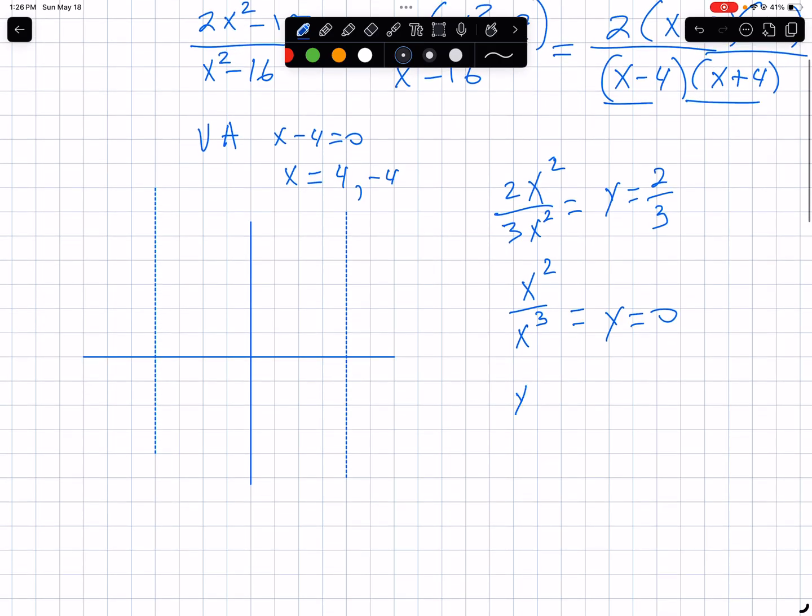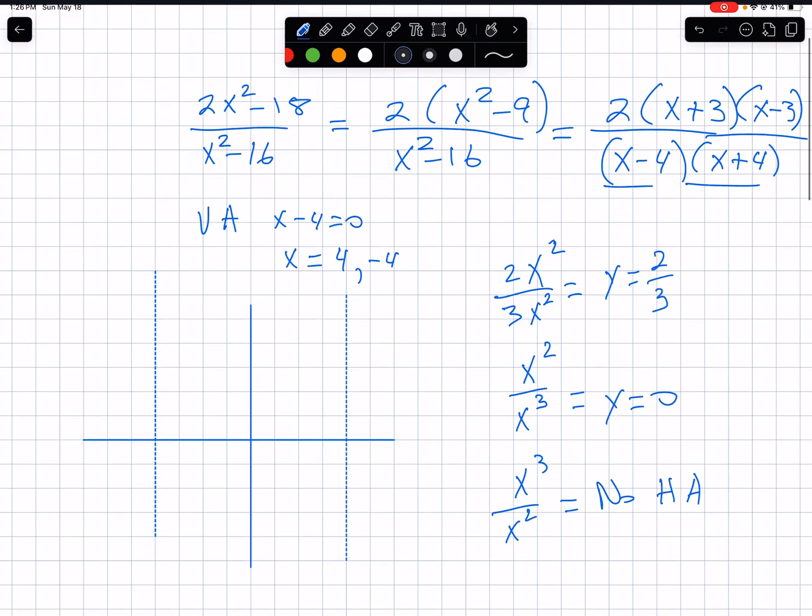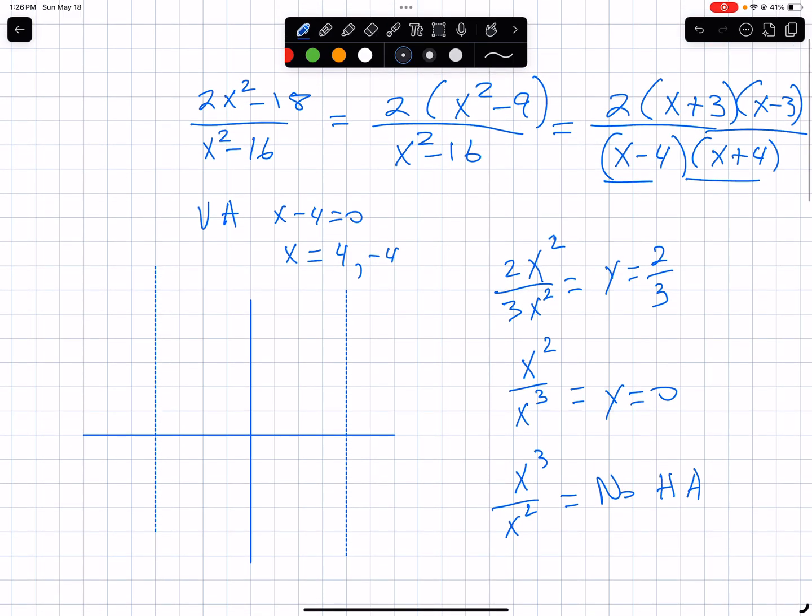And if it's bigger on top than on bottom, then there's no horizontal asymptote. So in this case, degree same top and bottom, so the horizontal asymptote's at y equals 2. So you make a dotted line where y equals 2.